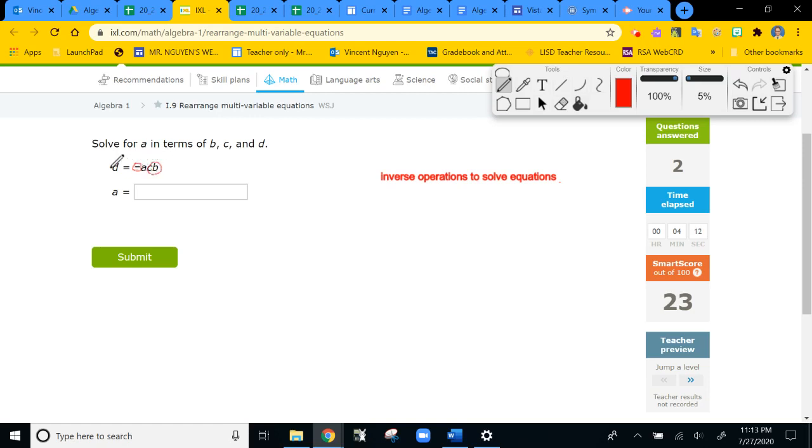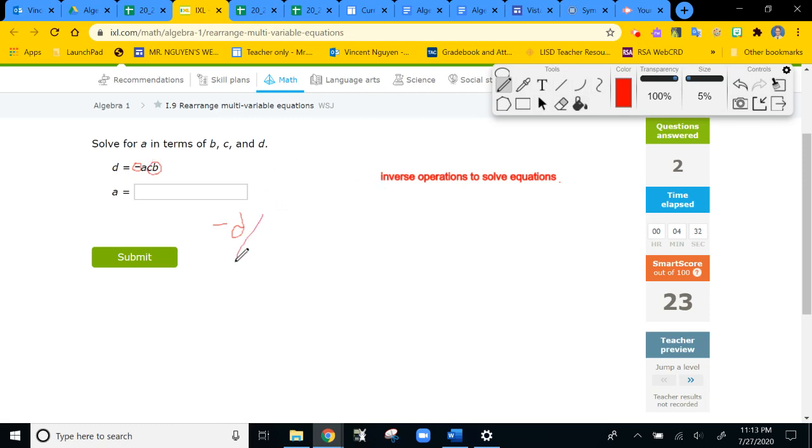Well, the negative is going to go to the other side, and it becomes negative D. I'm not very good at writing on these. And then CB, because it is being multiplied together, I can move CB together, the whole thing. Because it is being multiplied by A, the inverse operation would be divide.